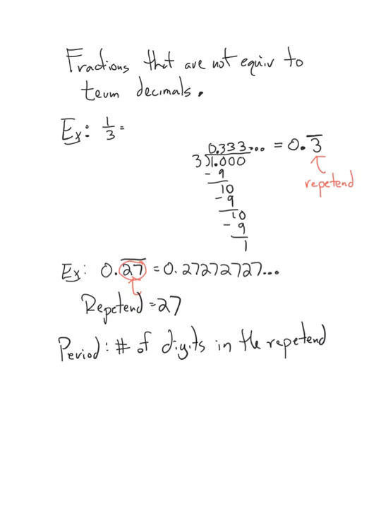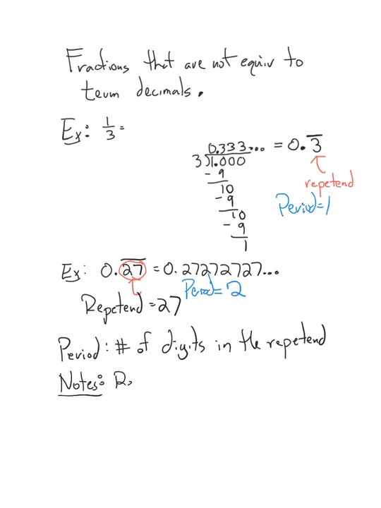So in the first case, the period is 1. There's only one digit that repeats. And 0.27 repeating, the period is 2.